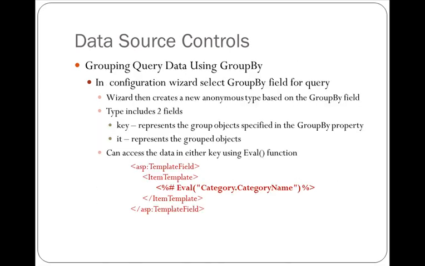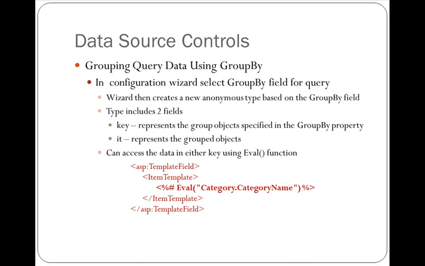The link source control also makes specifying a grouping for the data returned by the query easy as well. In the configuration wizard, you saw that we could have selected the group by field for the query. After the field is selected, the wizard then creates a new anonymous type based on the group by field. The type includes two key fields by default.